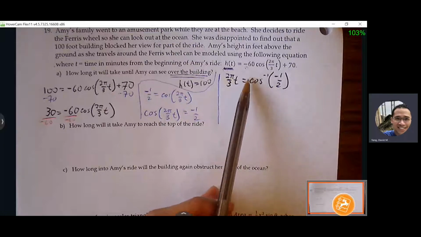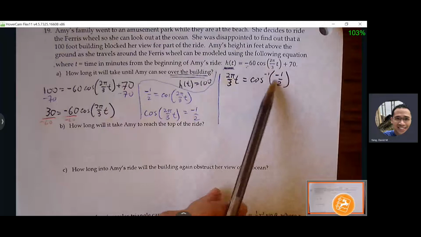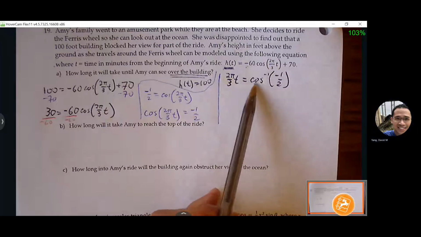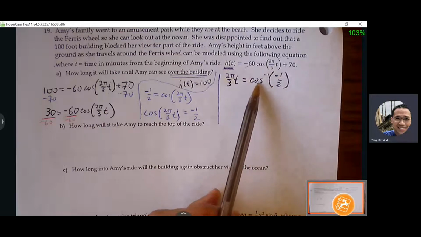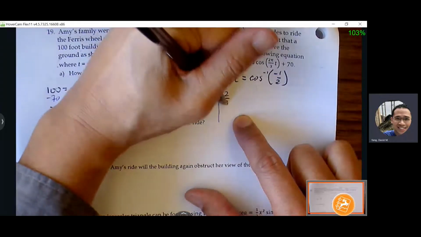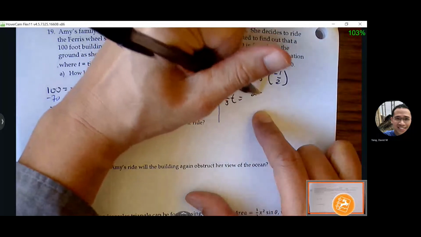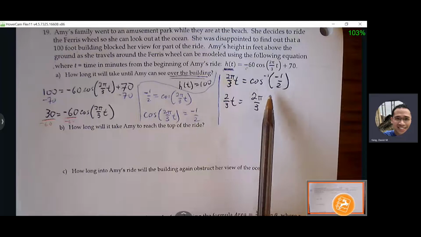So if you look back at the unit circle, when is cosine of theta equal to negative 1/2? 2 pi over 3, right? We're practicing that from yesterday. Second quadrant is when cosine is equal to negative 1/2.